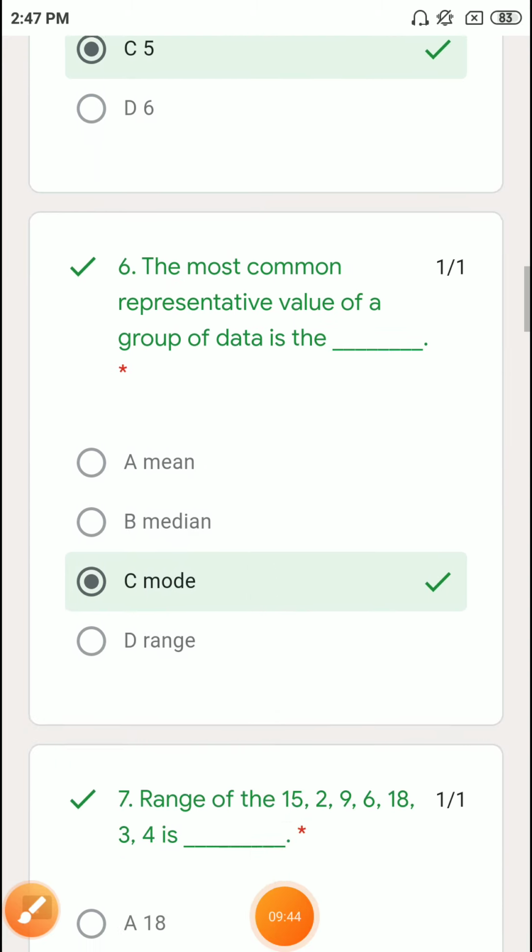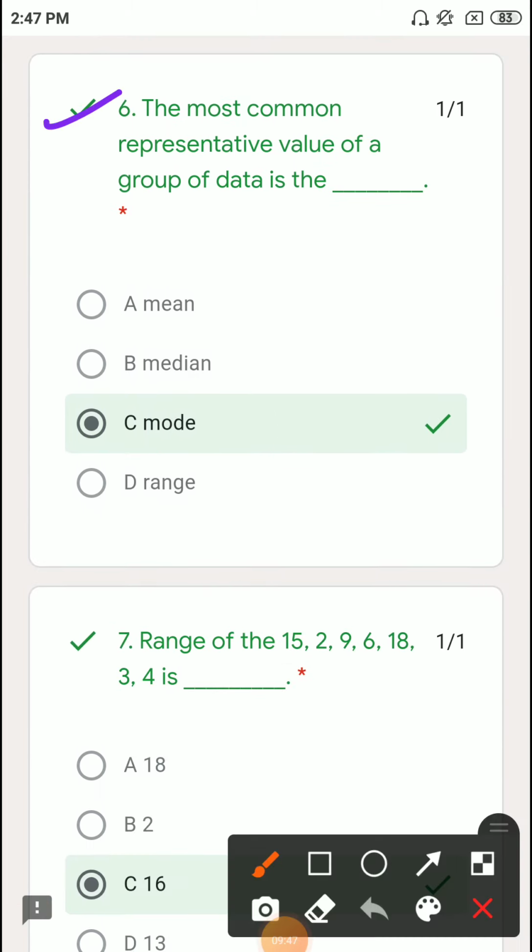After that, question number 6, the most common representative value of a group of data is. The most common representative value means the highest number of times repeated. Highest repetition, that is the method of mode.